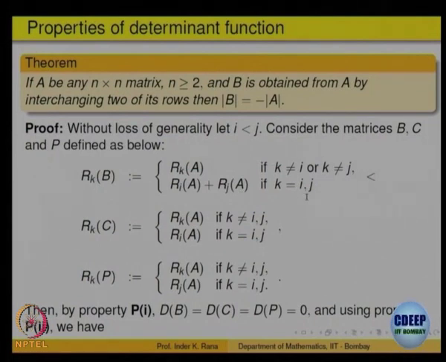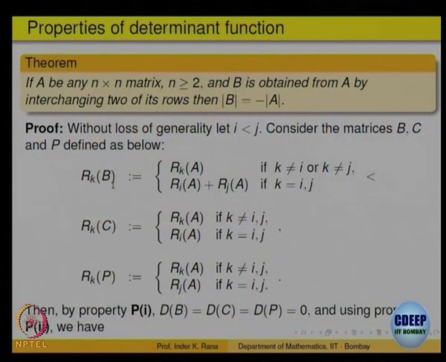What is the ith row for this matrix now? Ri plus Rj of A. What is the jth row? That also is. So, what is the determinant of this matrix by definition? By the very first property, if two rows are identical, then it should be 0. So, the determinant of B is 0. Let us have a matrix C, where for every k not equal to i and j, the rows are same as that of A, but the ith and jth rows I am putting both as Ri.